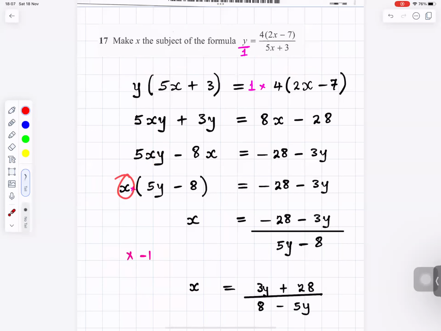So take x out, factorize, and you're left with x times 5y minus 8. You take times 5y minus 8 to the right, it becomes divided by 5y minus 8. So that's what the answer is. You can multiply all of them by minus, so this will become x equals 3y plus 28 over 8 minus 5y.